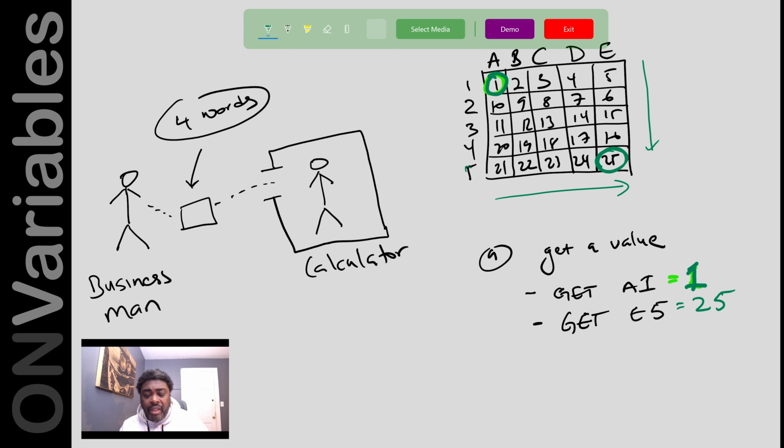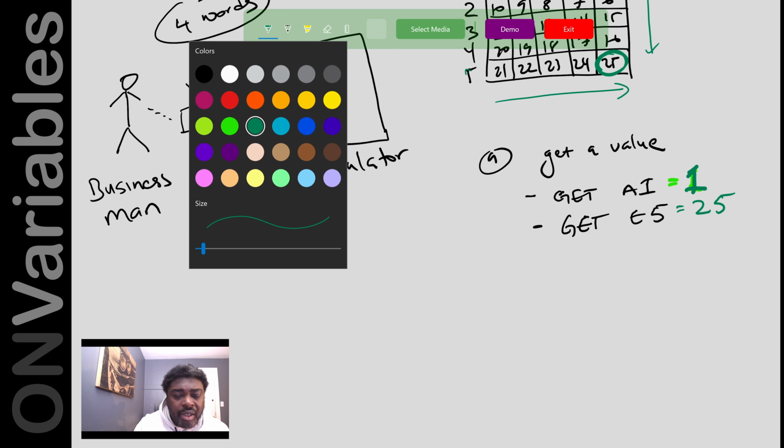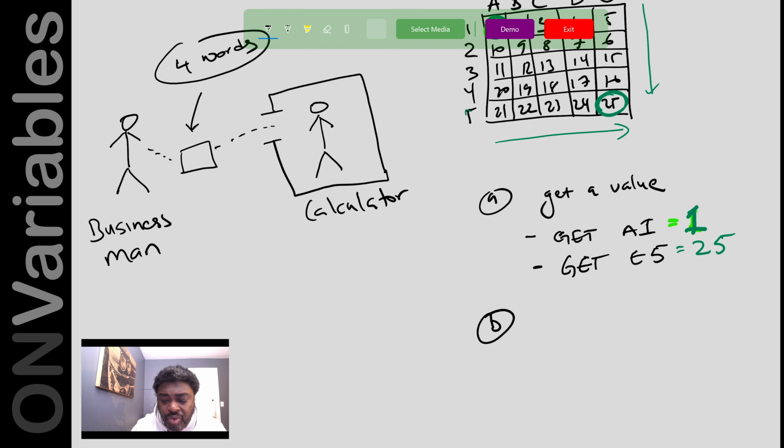Now the other thing that they need to figure out is a way to write a value, right? So writing a value, they can use the word maybe write.